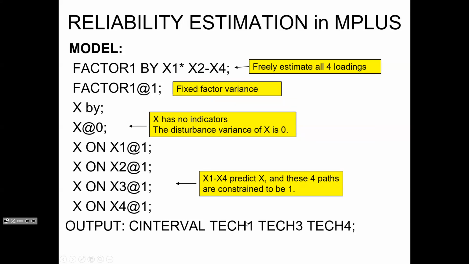C interval is useful to have because you might want confidence intervals around your reliability coefficient. And if you want to bootstrap those confidence intervals, you could do that. I'm just using regular confidence intervals here, but bootstrap ones might be nice. So for sure, you're going to want C interval and tech 4. Probably want your sample statistics too.